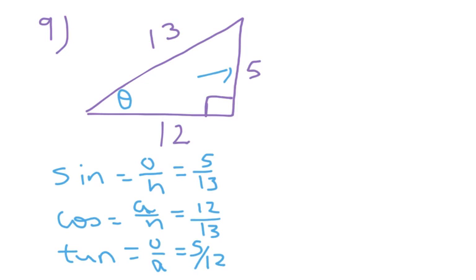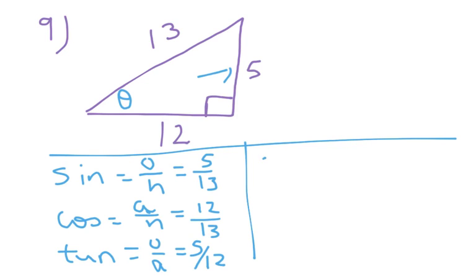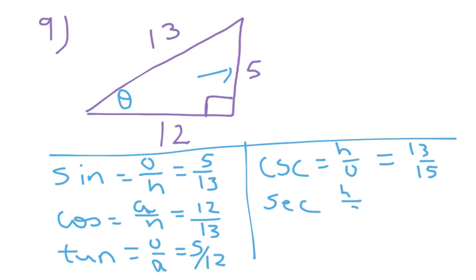And we've been doing this so much that I think this is going to be easy for you. So cosecant, you just flip it: hypotenuse over opposite, which equals 13 over 5. Secant is hypotenuse over adjacent, which is 13 over 12. And cotan is adjacent over opposite, which is 12 over 5.